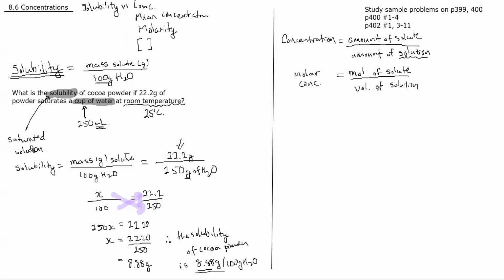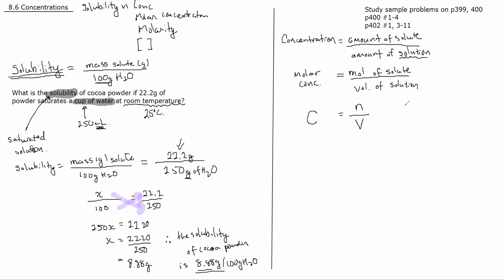Because you might imagine, for a solution, we don't have the number of moles of a solution. A solution isn't pure. There's so many things in it. So you can only talk about it as a volume. And if I were to turn this into an equation, capital C for concentration, molar concentration, molarity, whatever, is equal to the number of moles divided by the volume.